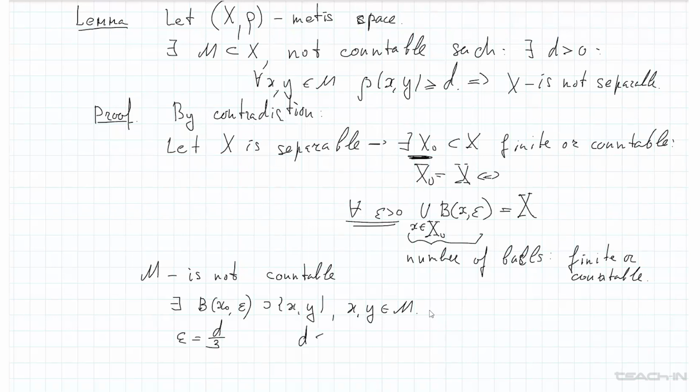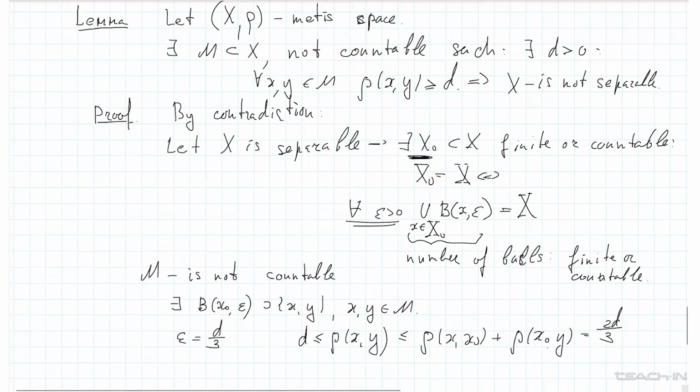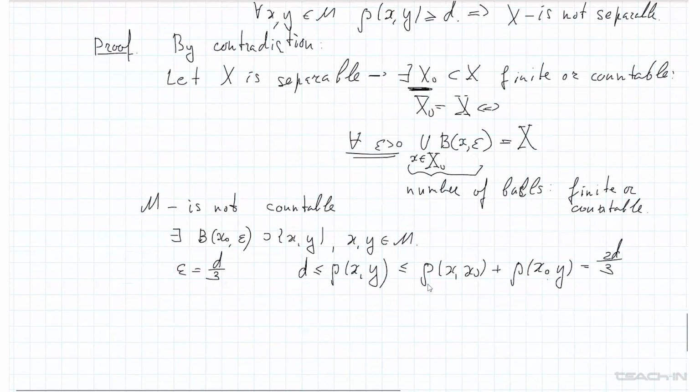Then we have d by the property of set M, we have this inequality, and by the triangle inequality we have a contradiction, because it equals 2d over 3. It is not valid. Yes, contradiction.